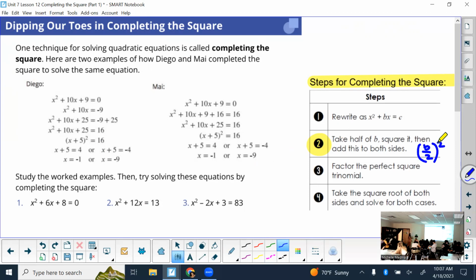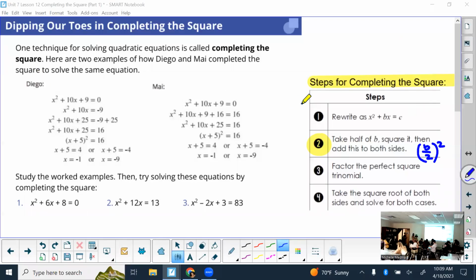Now if I add it to both sides, that's going to give me what I need, which is a perfect square trinomial. So step 3 is factor the perfect square trinomial. And then step 4 is take the square root of both sides and solve for both cases. So make sure that's all written down, and then I'll walk you through what they did, okay?